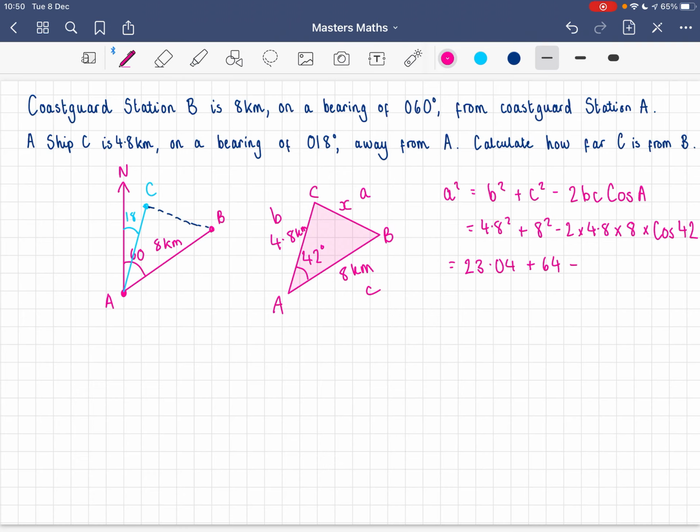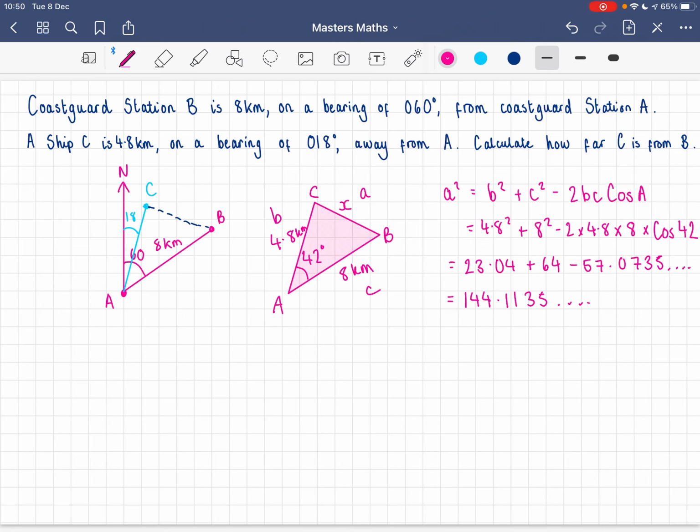That gives me 57.0735, etc. Again, I am not simplifying that on my calculator. I'm not deleting my answer from my calculator. I'm leaving it there, and then I'm going to do 23.04 plus 64 plus my answer is 144.1135, and again there's loads more decimals there.